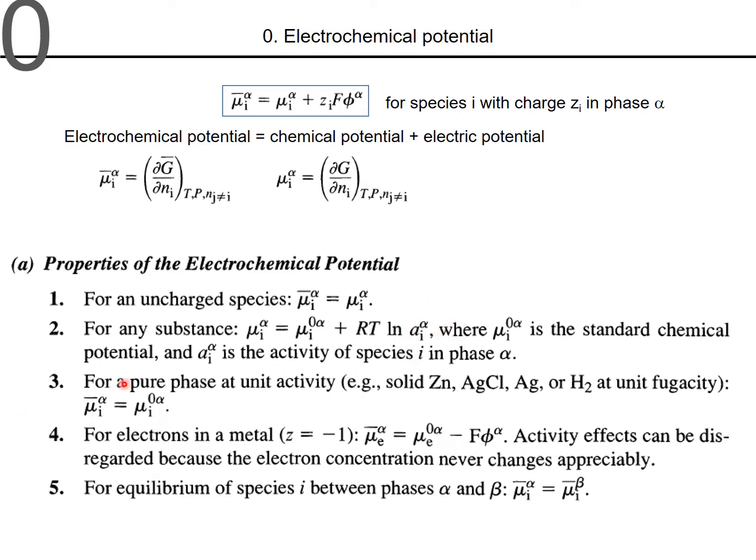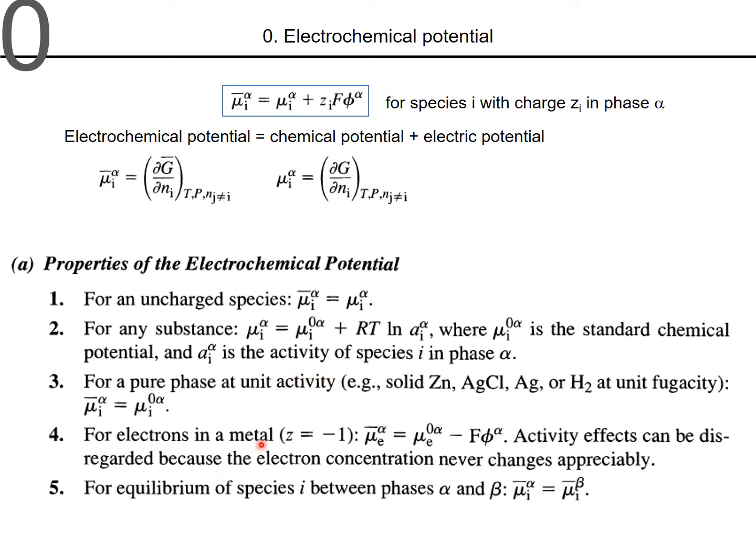One more thing: all pure phase molecules or materials are neutral, so the electric term can also be neglected. So the electrochemical potential is equal to the standard chemical potential for a pure phase at unit activity.